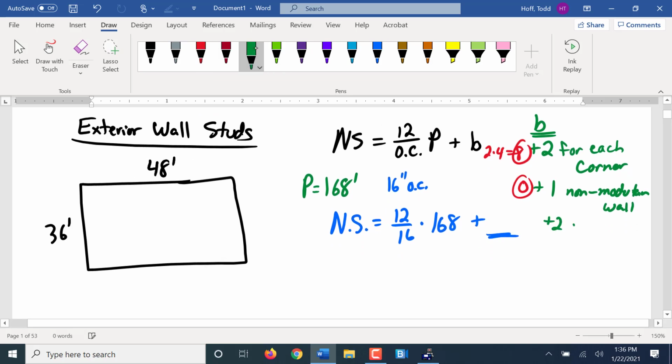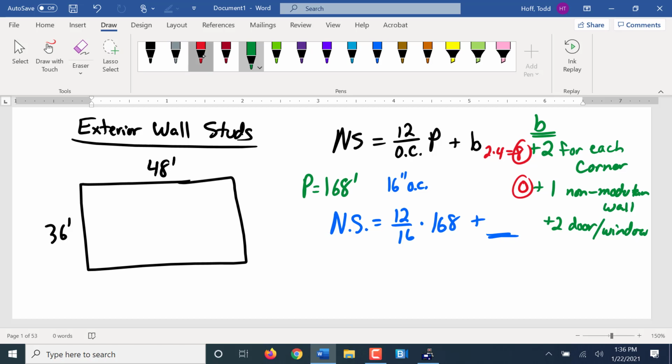Plus 2 for each door or window. And the reason for that is you had to have those jack studs on either side and the additional framing above and below. So let's put in some doors and windows. So the boxes are windows.